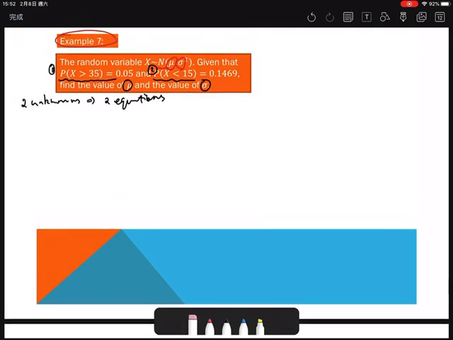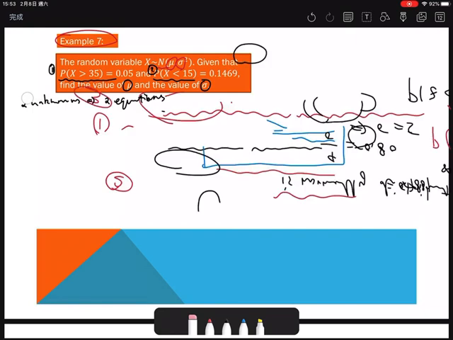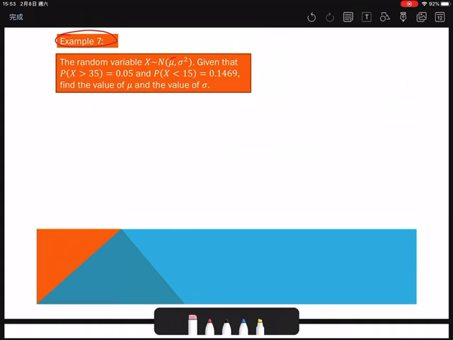In the same way, step 1, we should simplify the normal distribution to standard one.